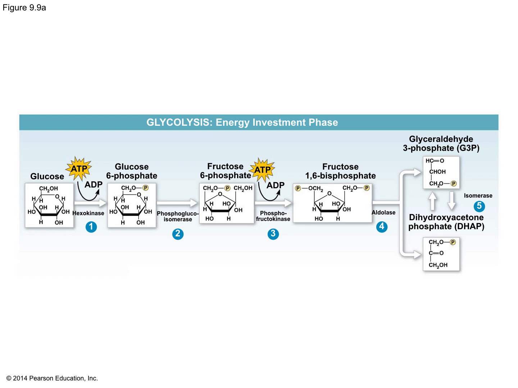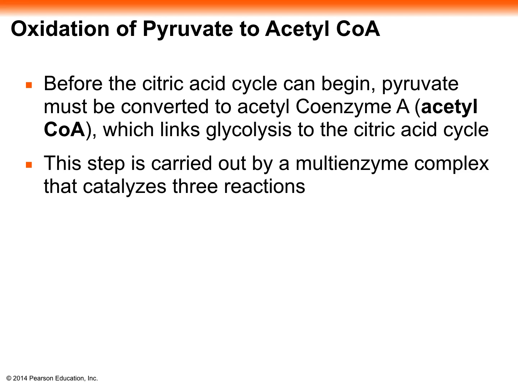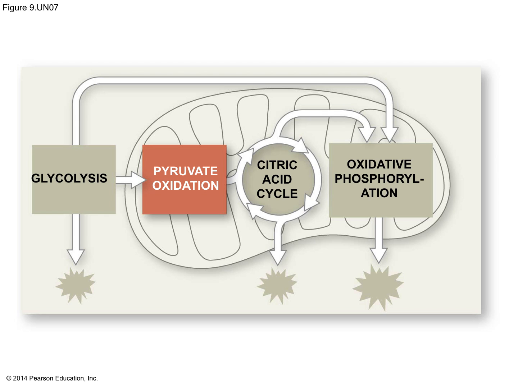We have to put in 2 ATPs. Then in our energy payoff phase, we gain 2 NADH, 2 ATP, another 2 ATP, and finally we have 2 pyruvate, for a net of 2 pyruvate, 4 ATP, and 2 NADH. And that concludes the glycolysis step.